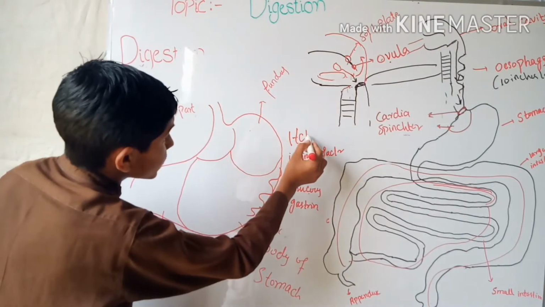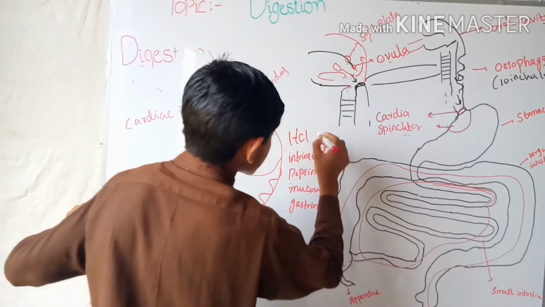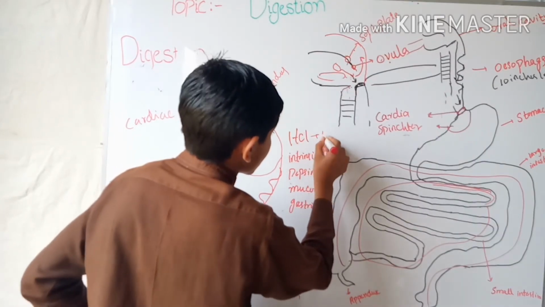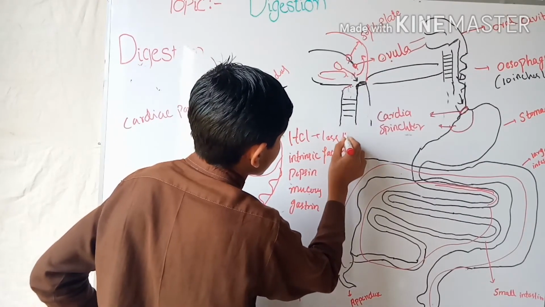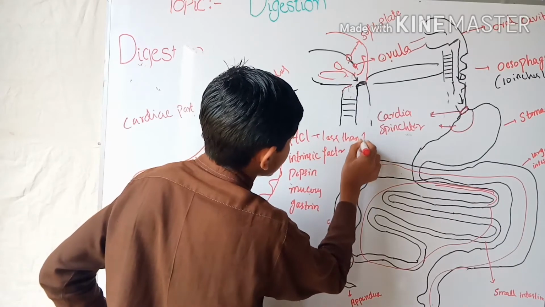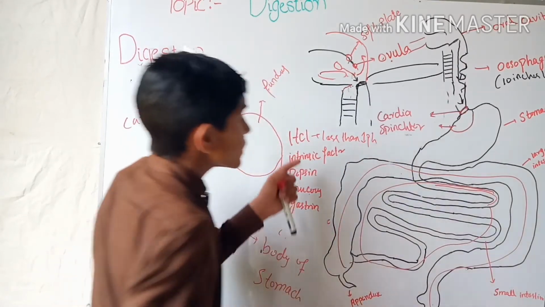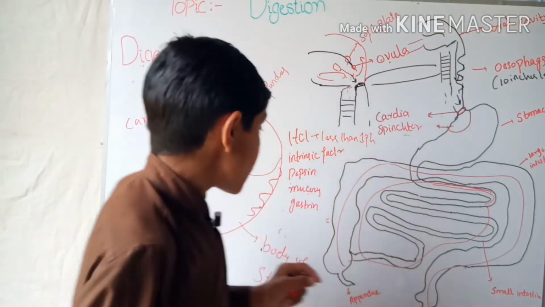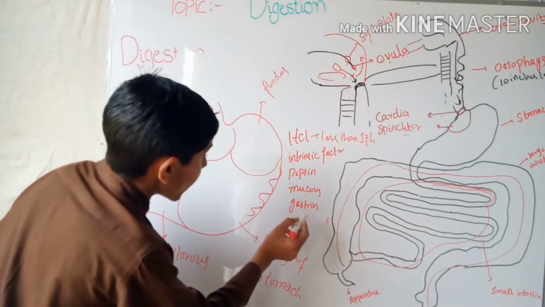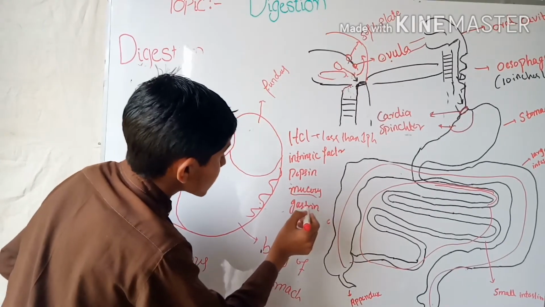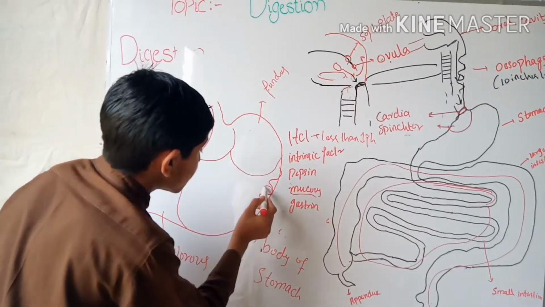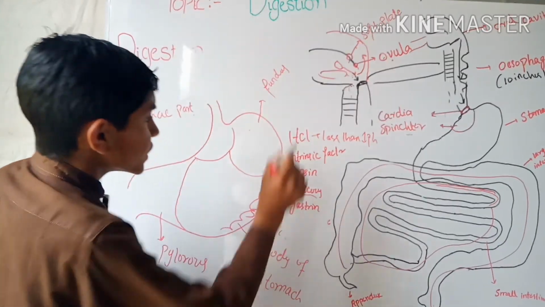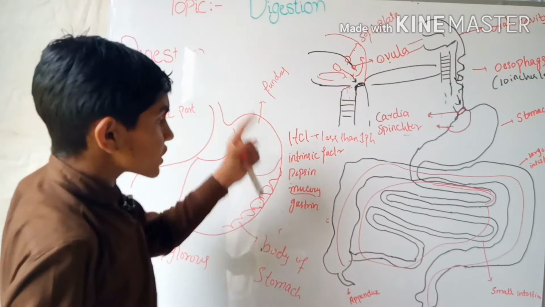Hydrochloric acid is a powerful acid with a pH of less than 1, so it is the strongest acid. Due to its danger, the stomach wall also secretes mucus, and the mucus lubricates the walls of the stomach in order to reduce the danger due to the HCl.